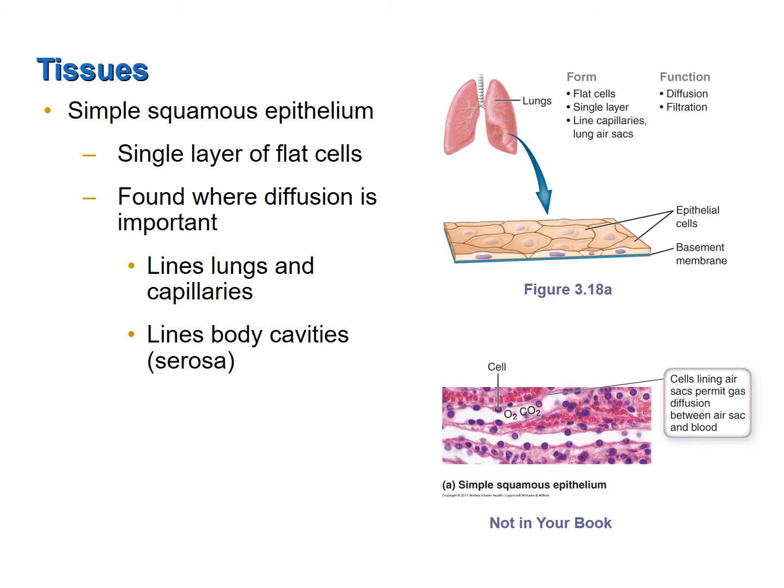Since it's a single layer of very flat cells, there is a very thin tissue layer across which substances have to diffuse. You find simple squamous epithelium, for example, lining the alveoli or air sacs of the lungs, in the capillaries of the body. You also find simple squamous epithelial tissue lining the body cavities as serosal membranes.